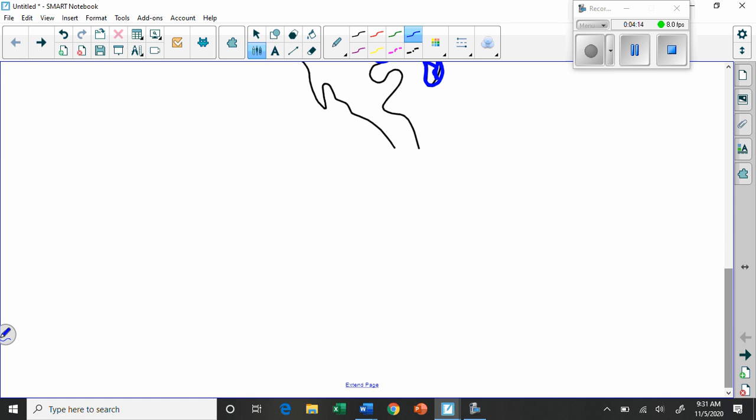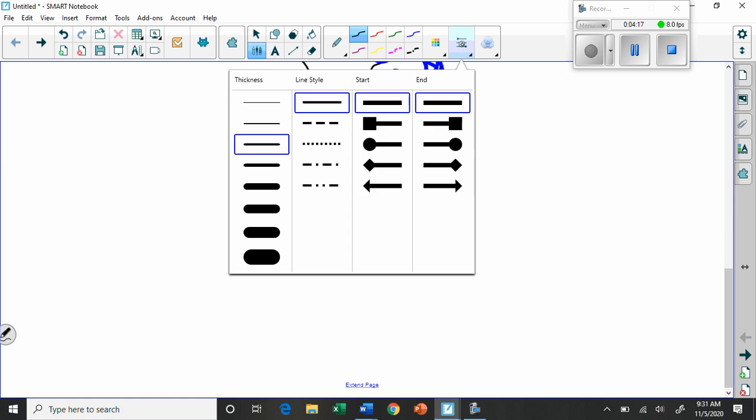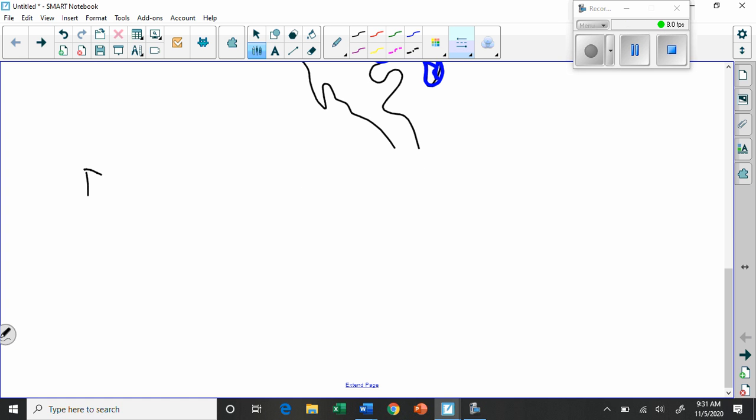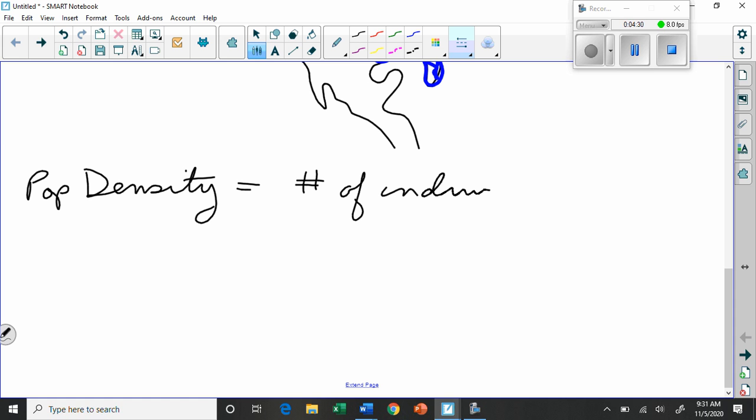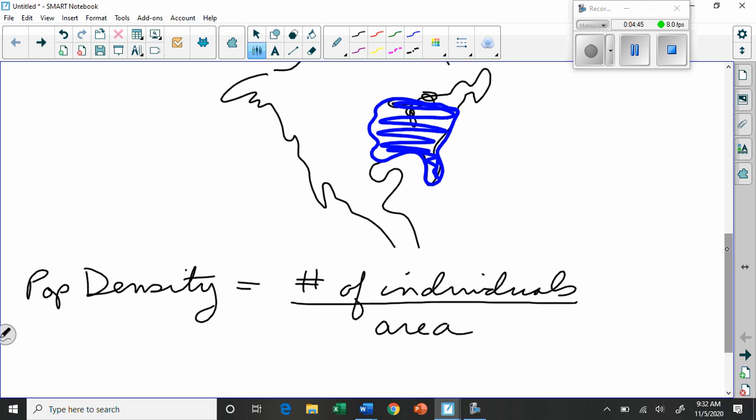So what we can talk about is the crude density. Population density is the number of individuals in the species divided by or compared to the area. Now, if you use the geographic area, you might say that this particular blue spot on the map contains 2.4 million yellow warblers, possibly.